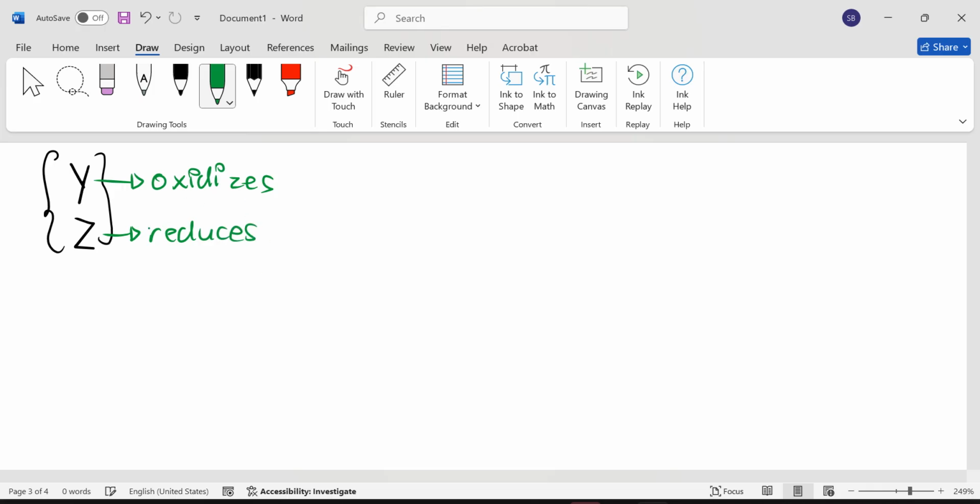So what do you then do from here? Once element y is identified to be the oxidizing one and z the one that reduces, you should know now that since y oxidizes, it's the reducing agent, and since z reduces, it's the oxidizing agent. But in this particular case, how do I write down what I call my oxidation half reaction?